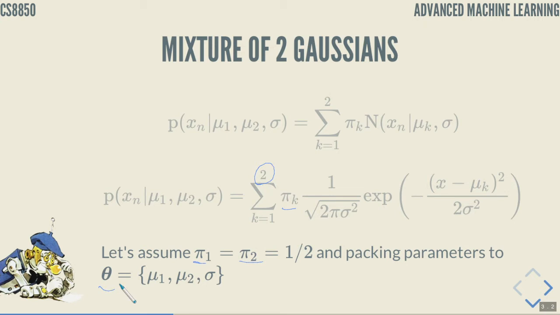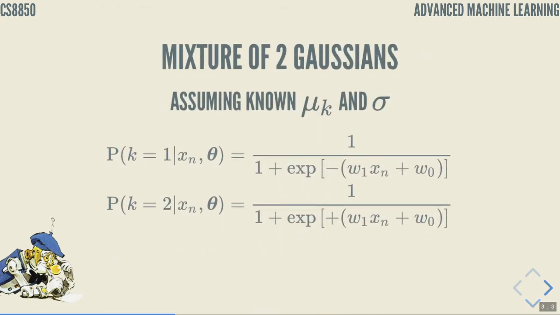All of the parameters are folded into one single vector theta. So if we assume that the mu's are known and sigma is also known, and just a note that sigma is the same here for both Gaussians, just the mu's are different, but everything is known.